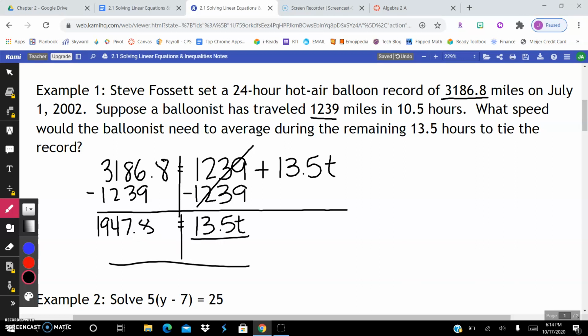And then I would have to divide both sides by 13.5, since that's multiplication. And we would get t equals about 144.3. So this person must travel about 144 miles per hour for the remaining 13.5 hours in order to tie this record.